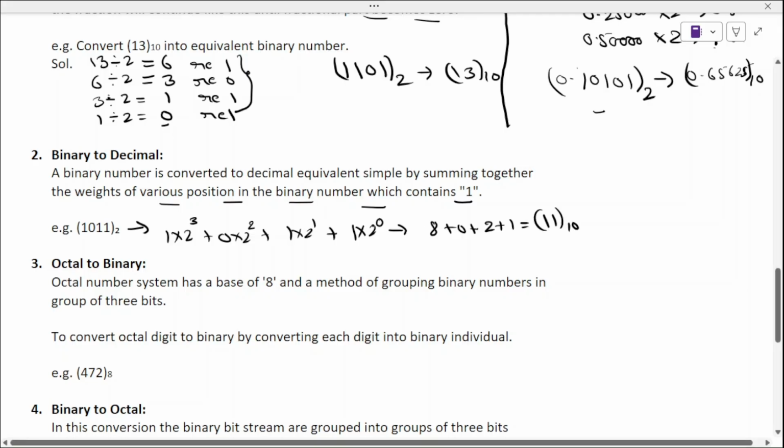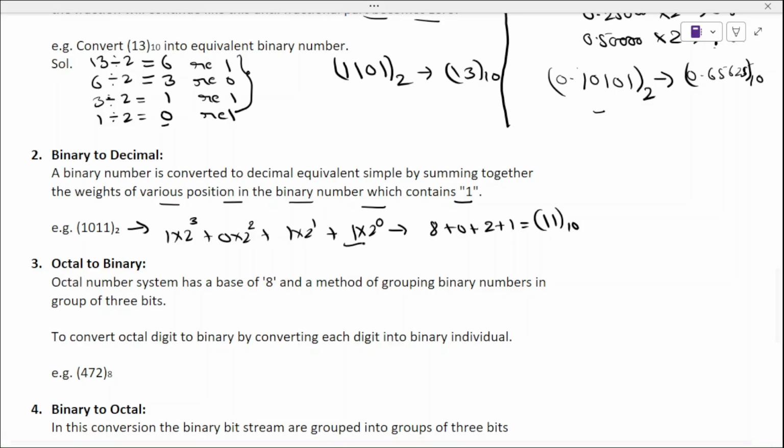One more thing: this bit is the LSB, the least significant bit. Why is it the least significant bit? Because it has only 2 to the power 0 weight, which is just 1. But this one is the MSB, the most significant bit.